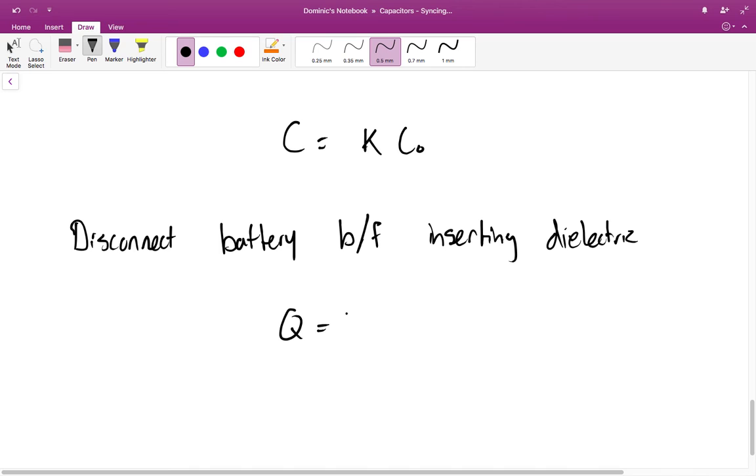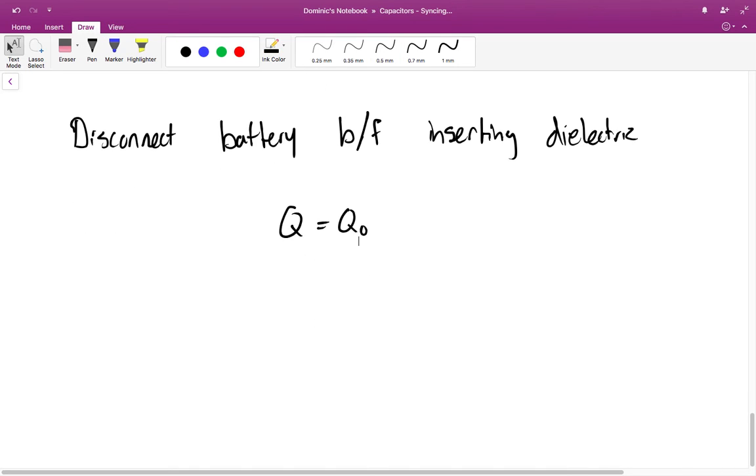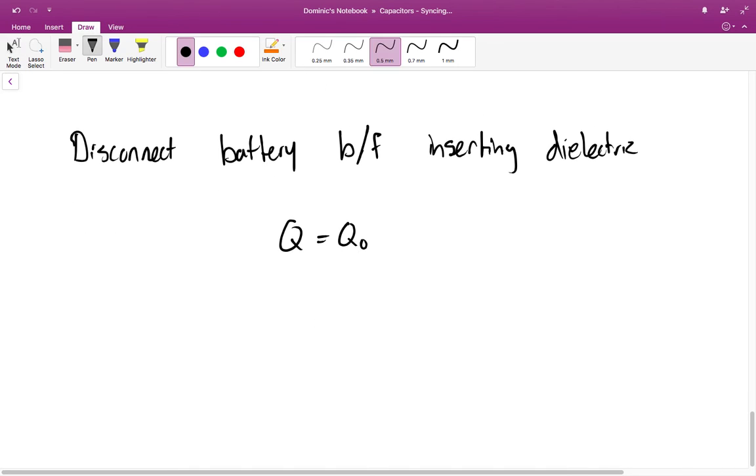So Q will equal Q naught. Charge doesn't change, but delta V does. The electric potential will change. The new electric potential is going to be equal to the old electric potential divided by kappa.